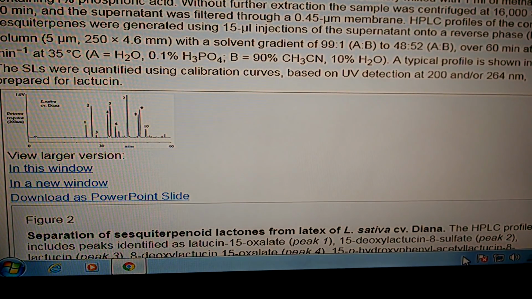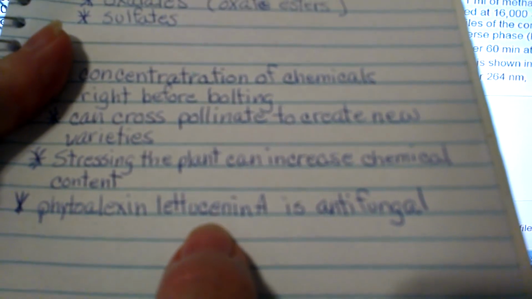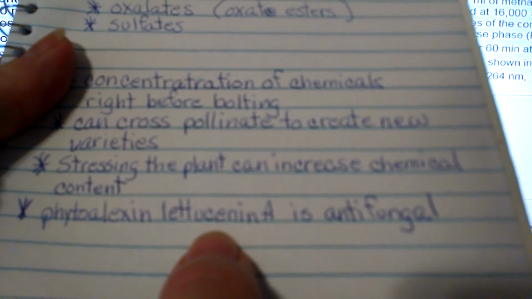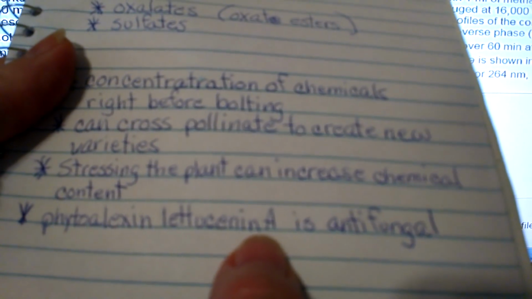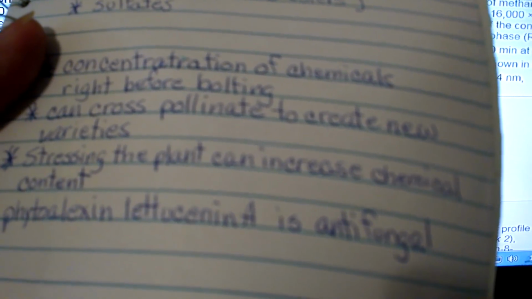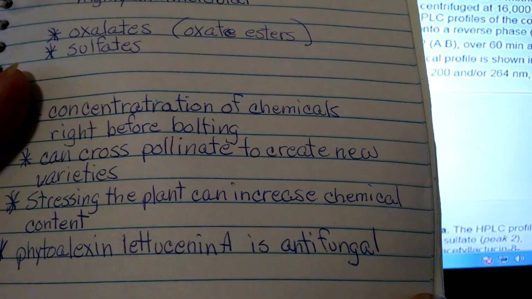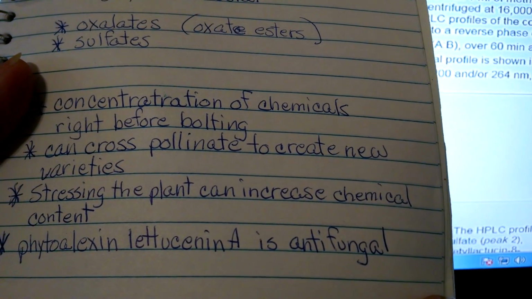But the phytoalexin name in the lactuca, right here, is lactucinin A. I'm sorry if y'all can't see that. There we go. And it's antifungal.